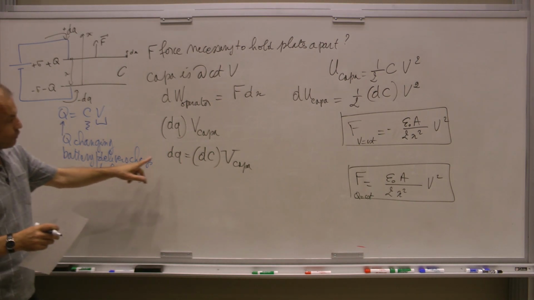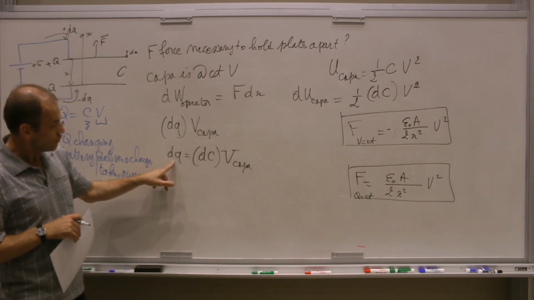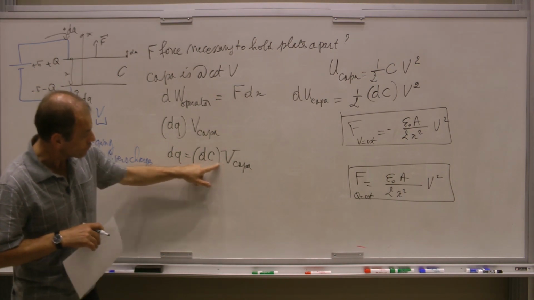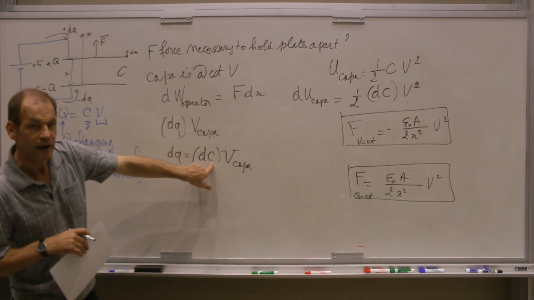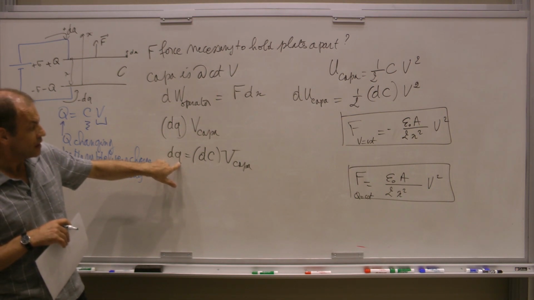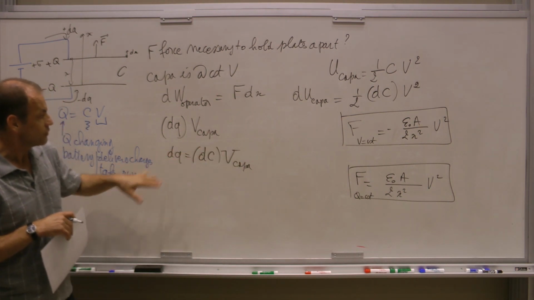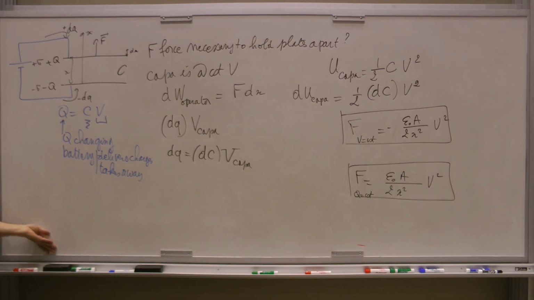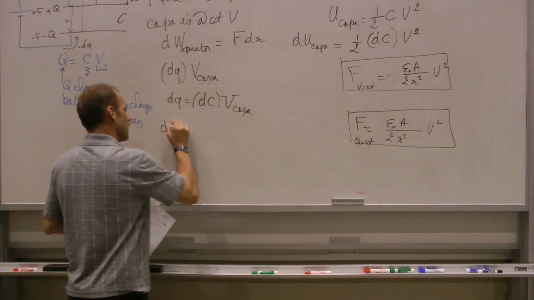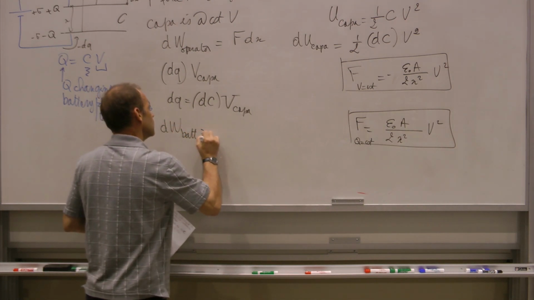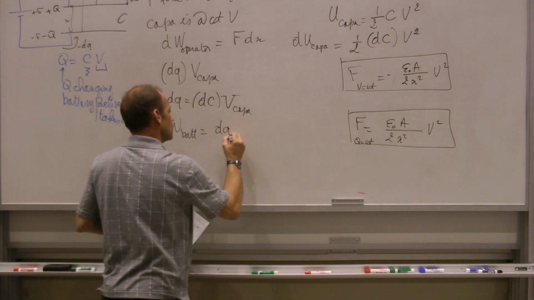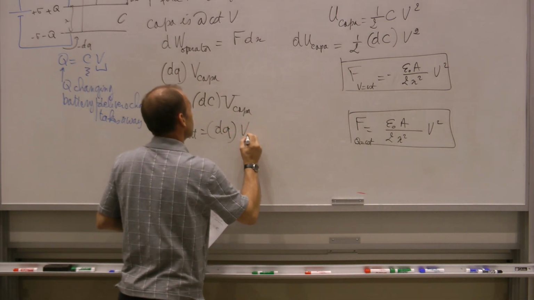This dQ equals C dV, so with V being constant, dQ corresponds to a change in the capacitance. So a change in the capacitance, held at a given voltage, requires this amount of dQ to be injected in a capacitor for this relation to be correct. So what is the amount of dW, the work that the battery does? dW of the battery is dQ times V of the capacitor.